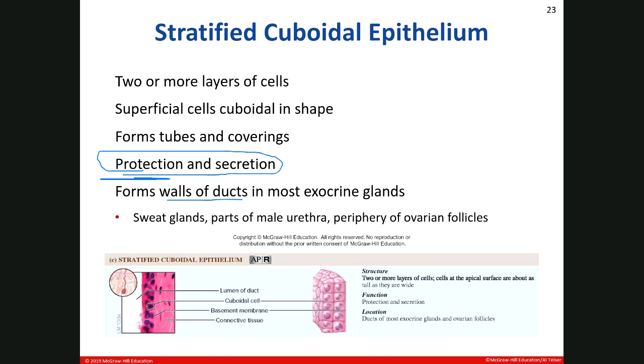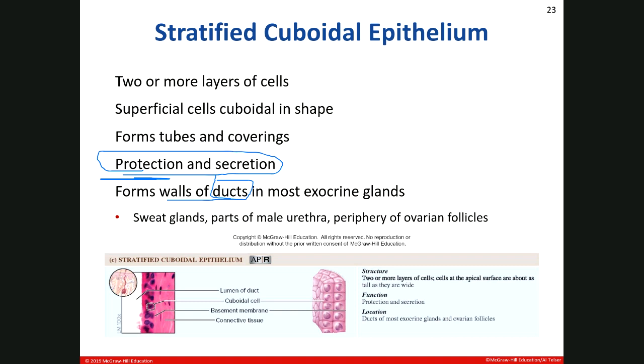Exocrine have ducts, D-U-C-T-S. Endocrine does not. Your thyroid gland is an endocrine gland. Your adrenal gland does not either. There are many glands in your body that don't have a duct.